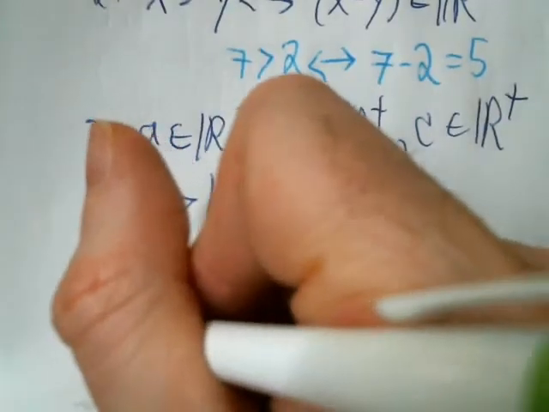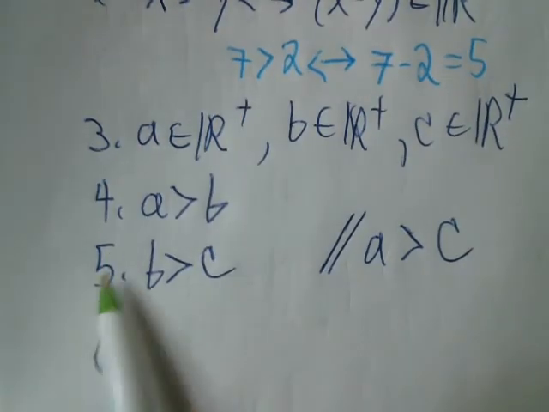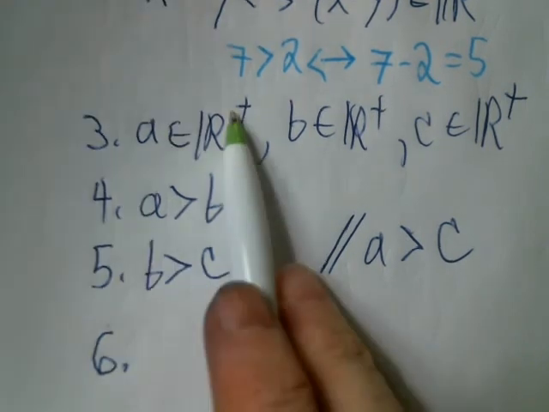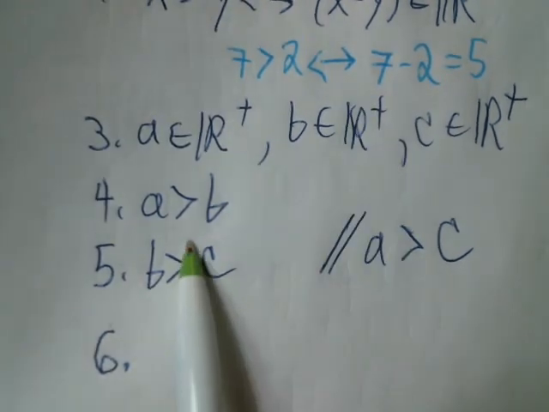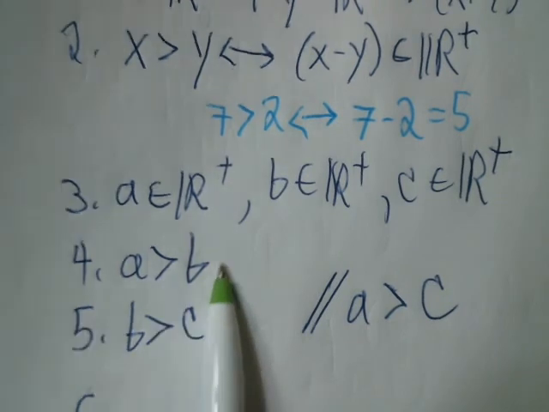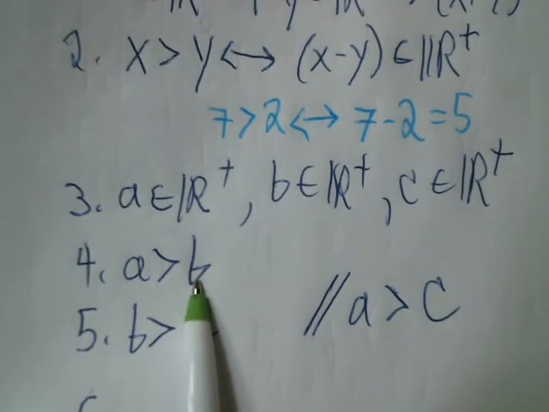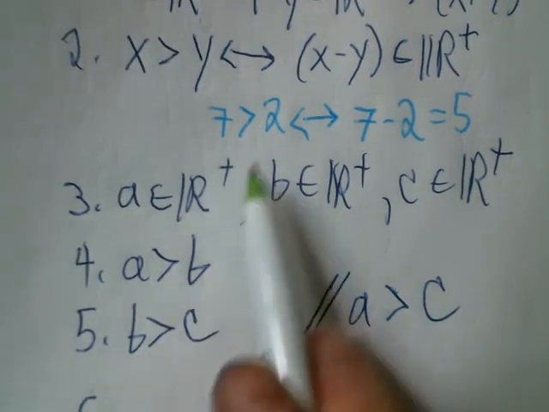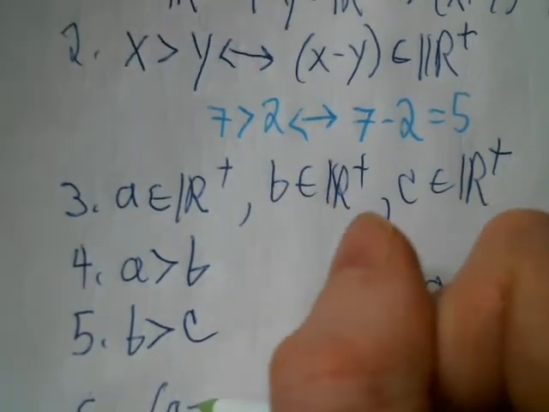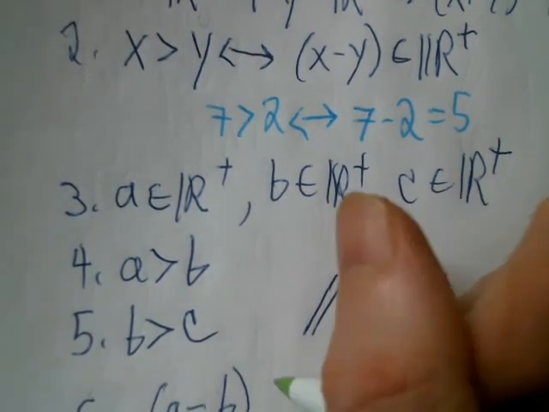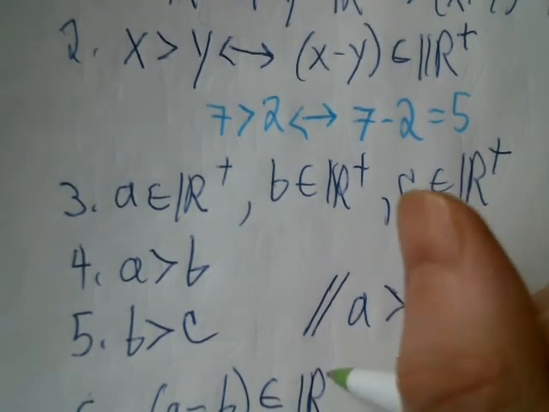Okay, so first off, I'm going to take this statement and use the if and only if part to do kind of a rewrite of this. Okay, A greater than B is the same as saying A minus B is an element of the positive real numbers.